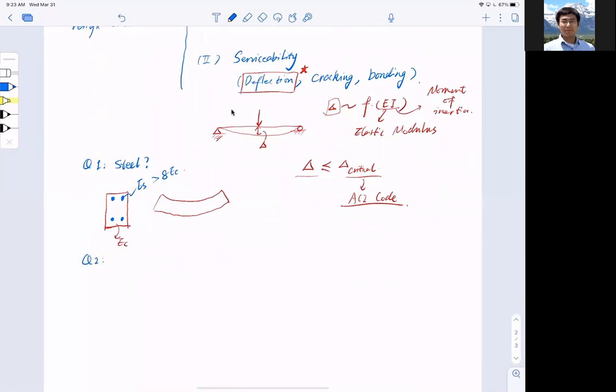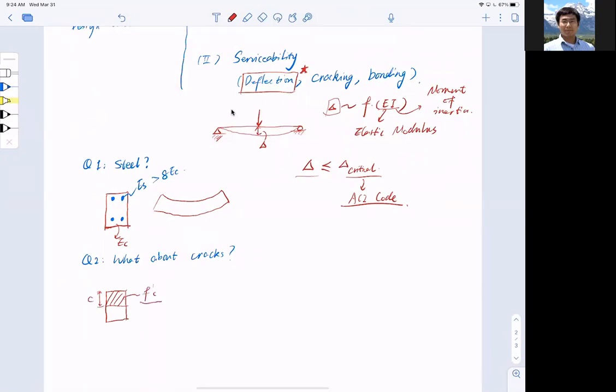Question number two, what about cracks? If I have a beam like this, a rectangular section, remember how we did the moment of inertia? We assume the compressive zone is only at the top, and here the concrete is intact.